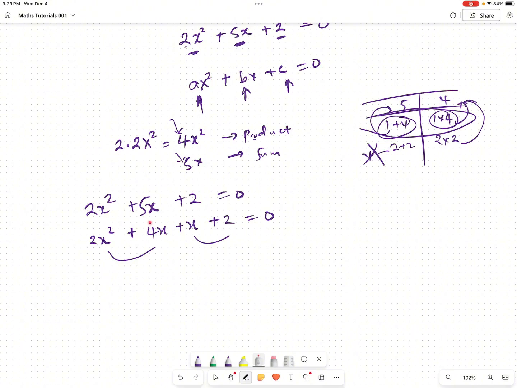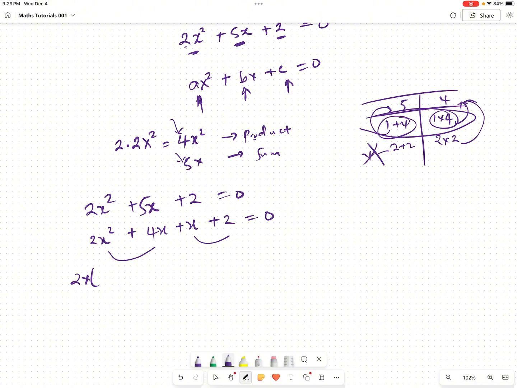And so if you want to factorize this, we want to remove 2x from this. What is common is 2x, because there's 2x common between the two.